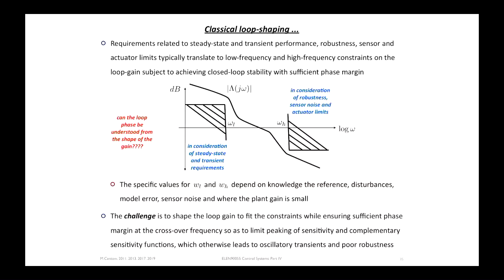Okay, so that's why I started off with this picture looking like this, where we have lower and upper bounds on the crossover frequency. And control system design becomes hard when these lower and upper bounds on the crossover frequency are close together. Right? We have to make a transition from high gain to low gain.